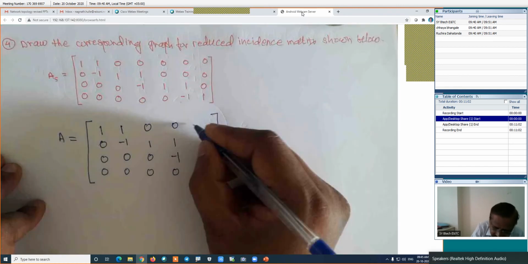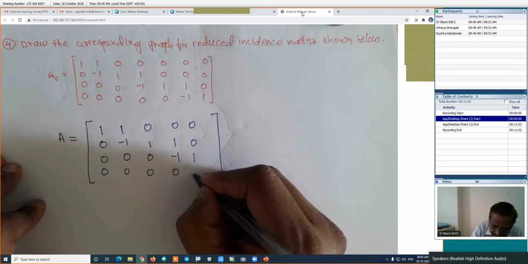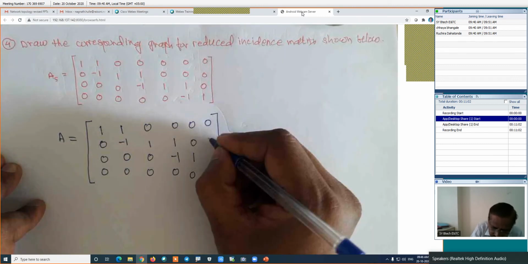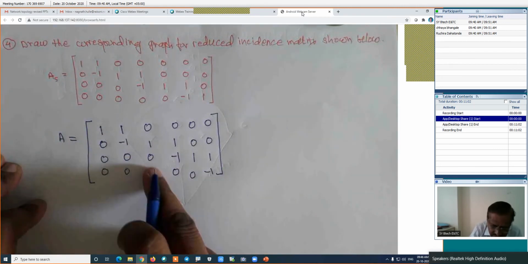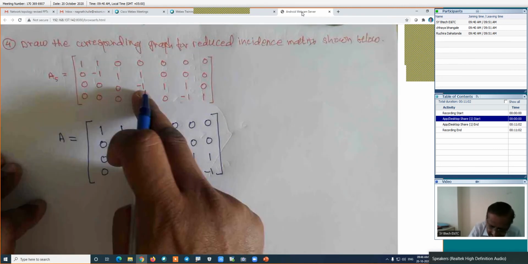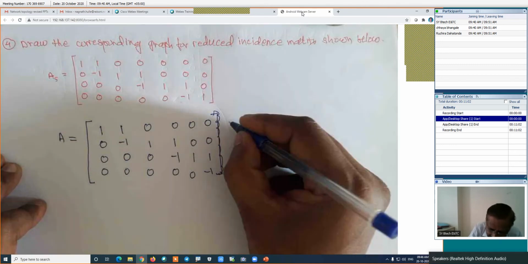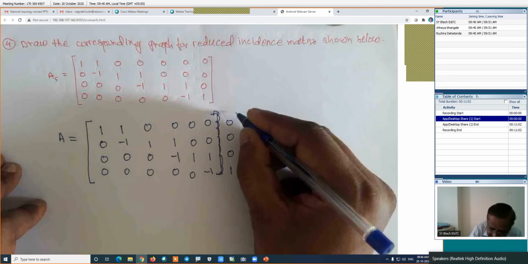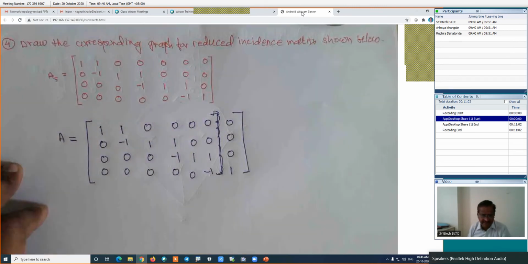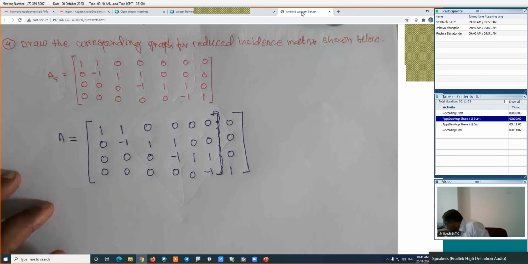This is 0, 0, 1, 0. Then it is again 0, 0, 1 and minus 1. It is 1, 2, 3, 4, 5, 6, 7. Means there is one column more. I will write here 0, 0, 0 and 1. Means this much is the complete matrix. Is it right? Then we have to prepare its last row.